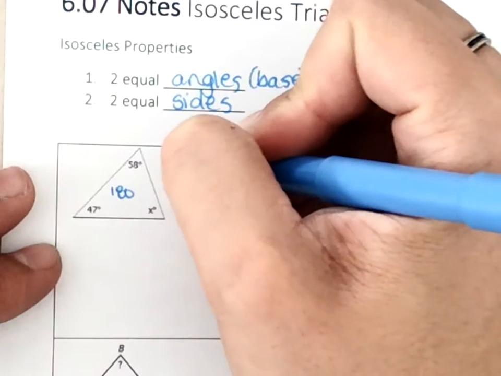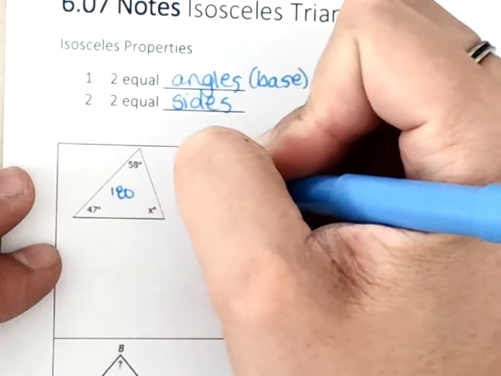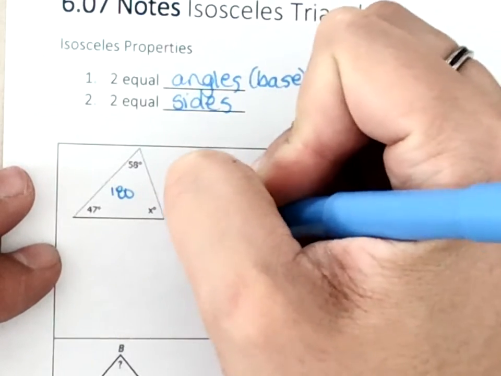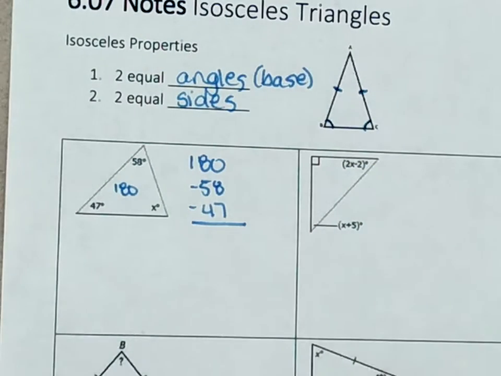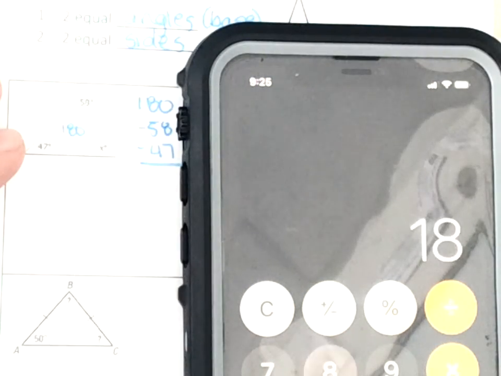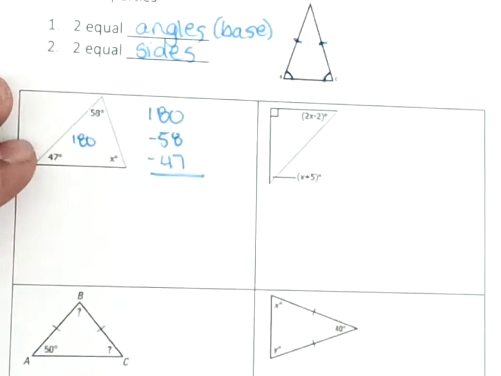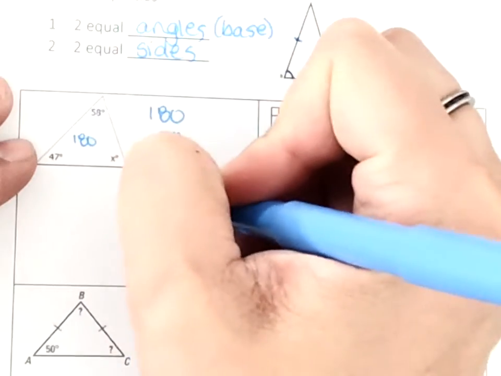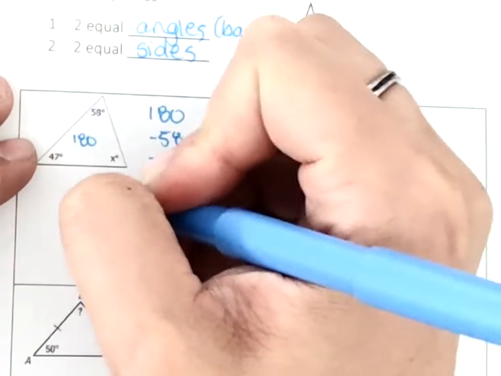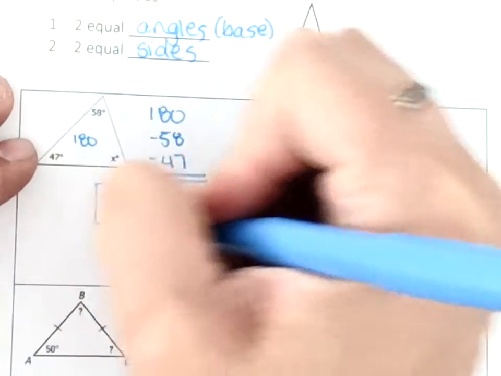So we would take 180 and subtract 58 and subtract 47. So if we had 180 minus 58 minus 47, that gives us 75. So that means that our third angle is 75 degrees.